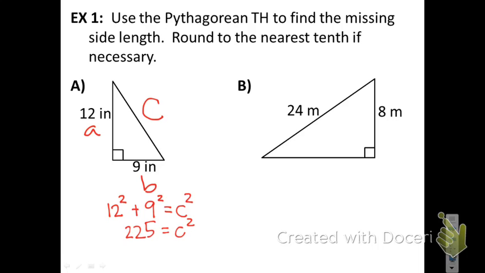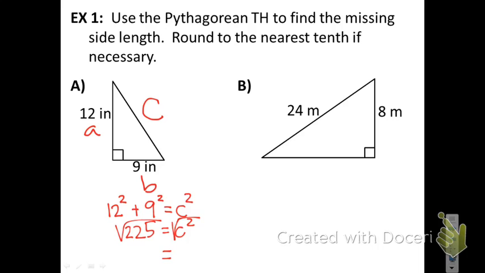Okay. So two days ago we learned how to solve this equation right here. What do we do? The opposite of squaring is square root. So right here you're going to take the square root of both sides. When we take the square root of both sides, what happens on the right side to that C squared?